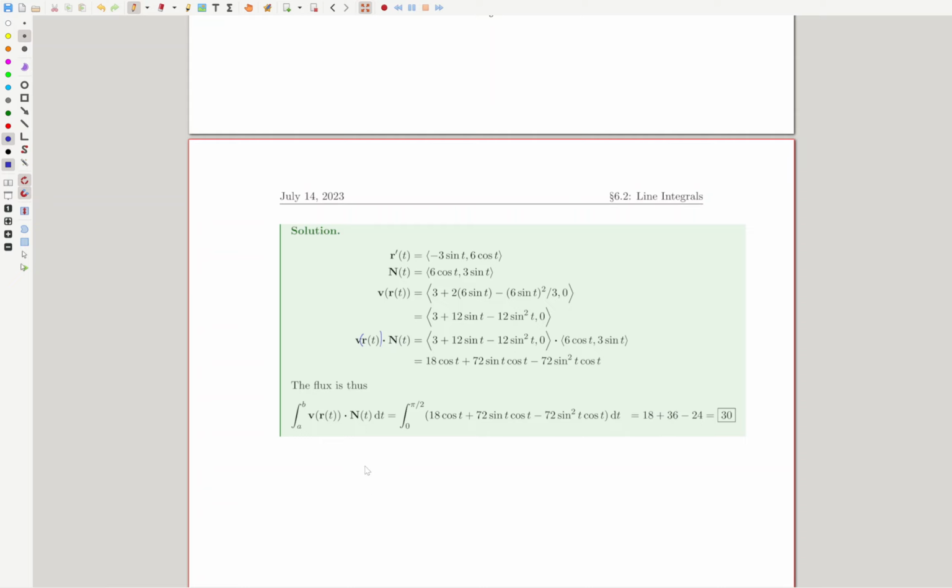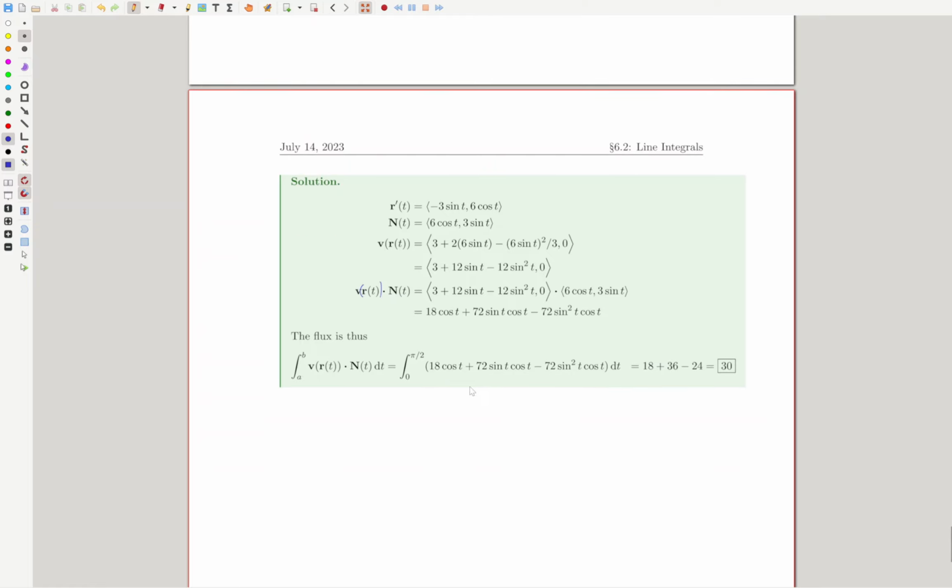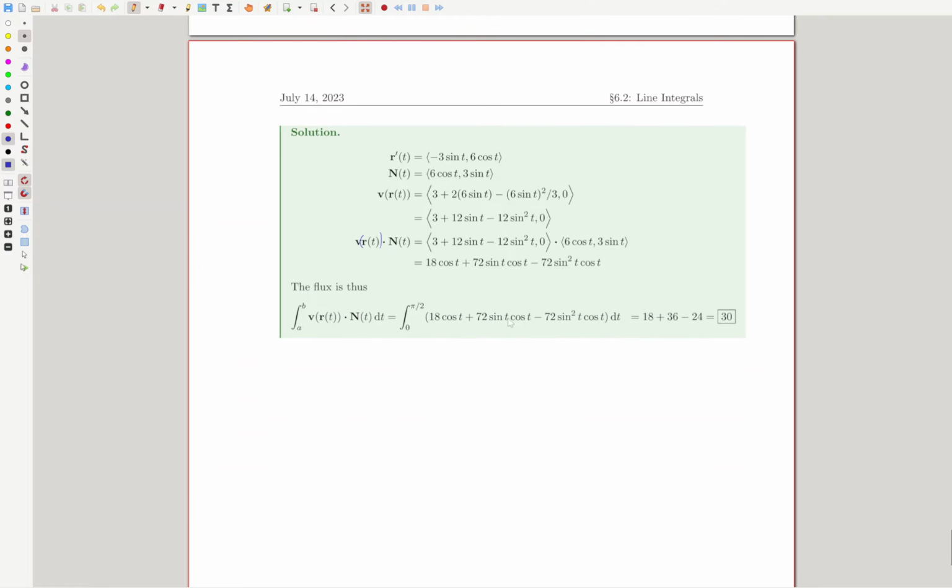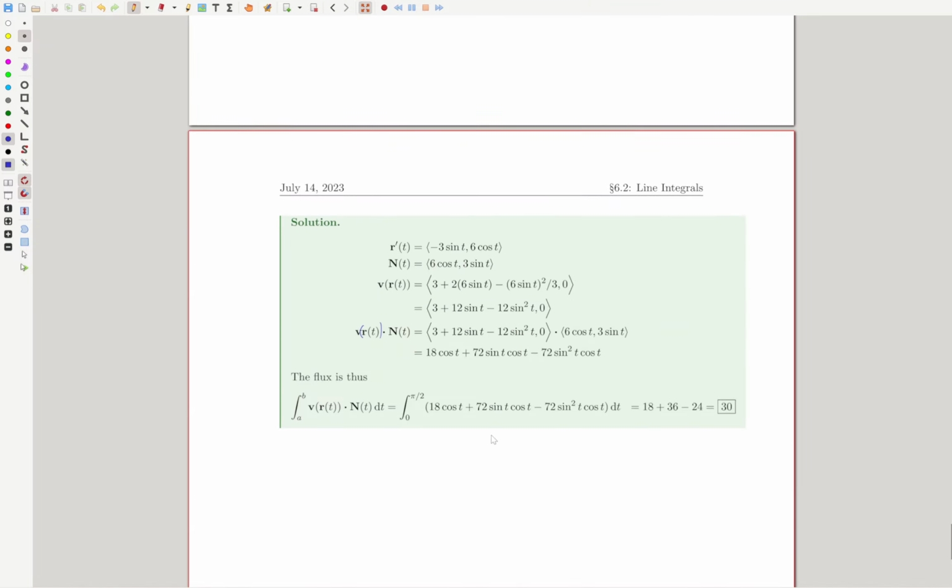Products of sine and cosine, if they're of the first power, will cancel and give 0, because sine and cosine are orthogonal to each other. But here we don't have that. They actually all contribute. Okay, so I guess that's it.